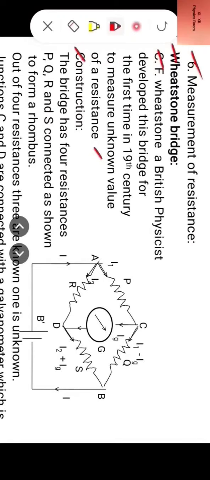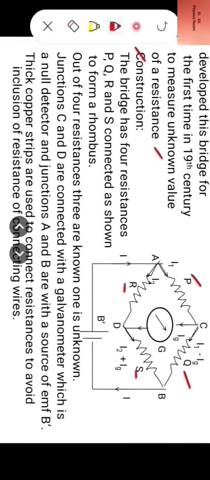Now what is the construction? Look at the diagram. The bridge has four resistances P, Q, R, S connected as shown to form a rhombus. Out of four resistances, three are known and one is unknown.